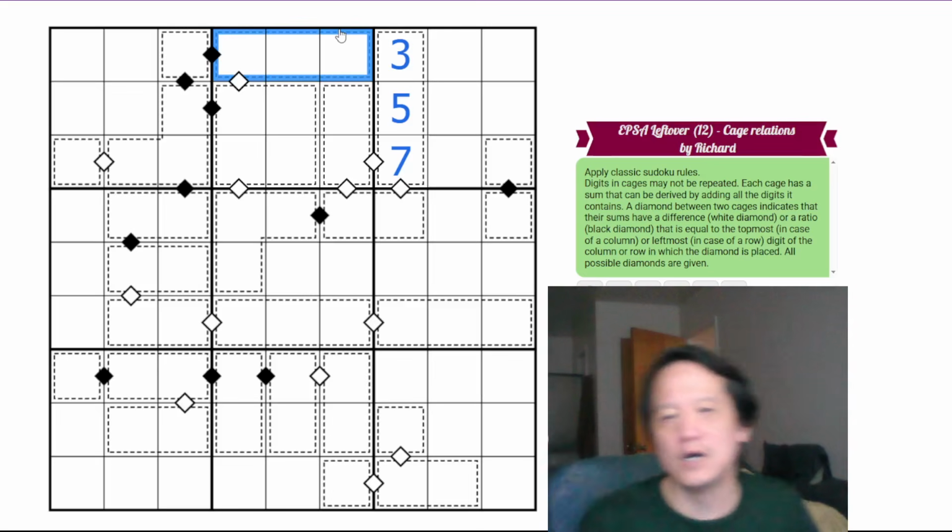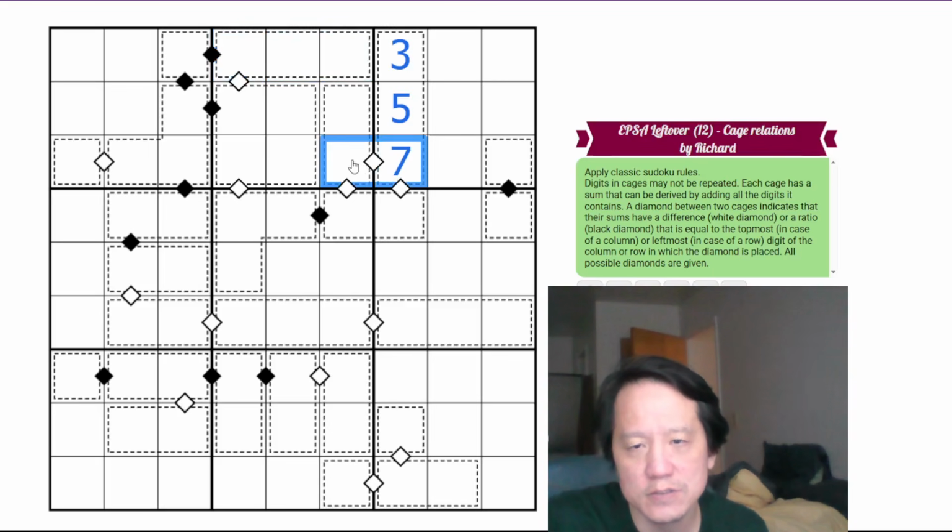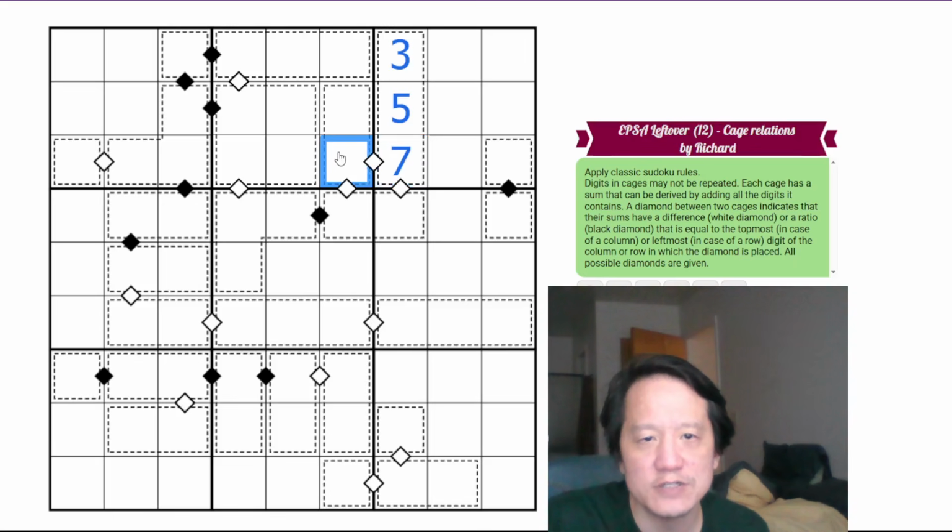A diamond between two cages indicates that their sums have a difference, white diamond, or a ratio, that is equal to the topmost or leftmost digit of the column or row in which the diamond is placed.